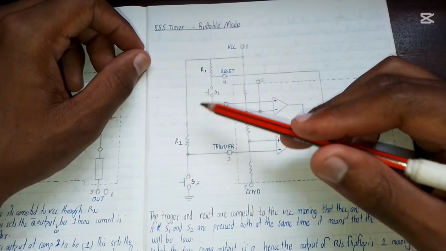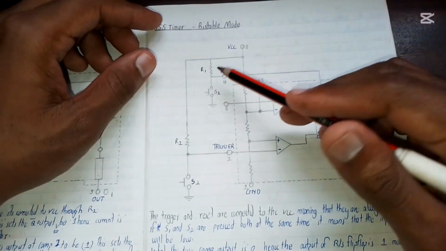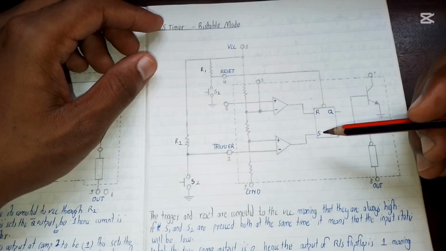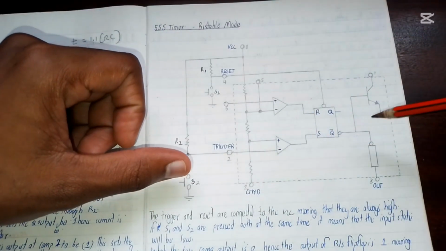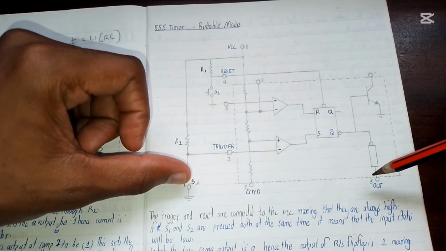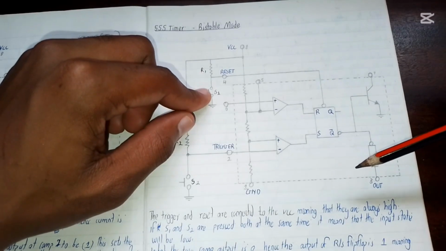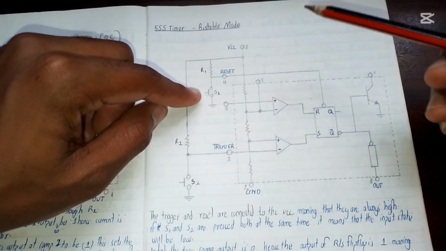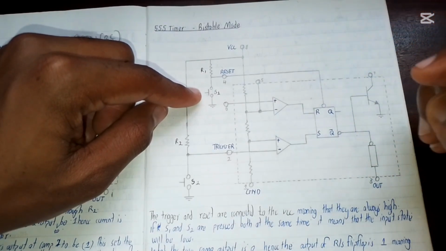We have two push buttons and two resistors, which are normally the same value, and then you're done. For a bistable, once I press this, the output will be on, and nothing happens even if I press the switch again. It is only turned off by the other switch. So this first switch is for turning it on, and the other switch is for turning it off. That's basically what a bistable does.